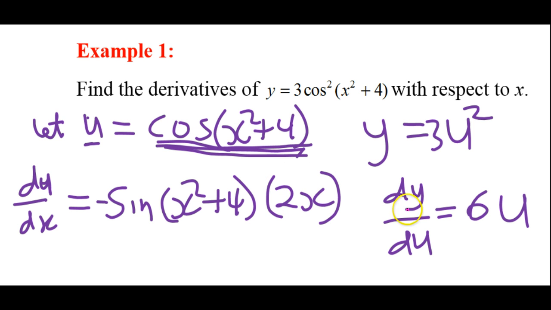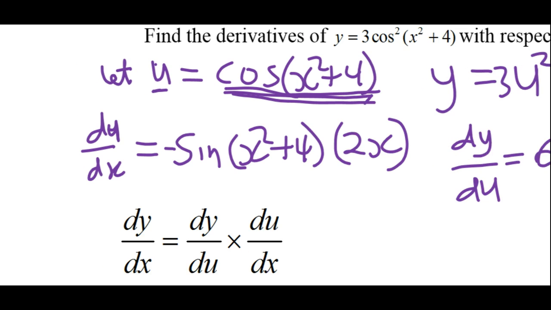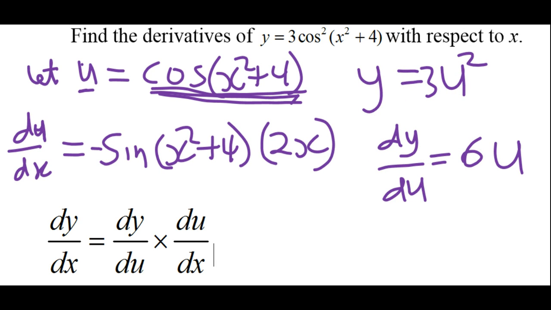Then quoting the chain rule, dy dx is equal to dy du times du dx. We've done this already, so you know that. So we are going to substitute dy du first times du dx.